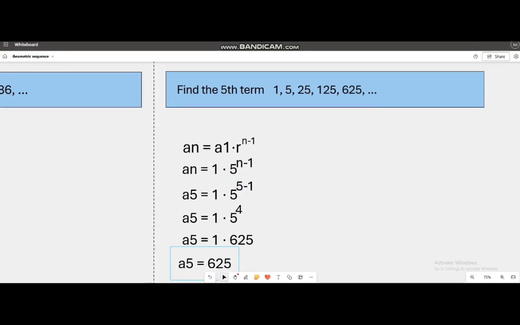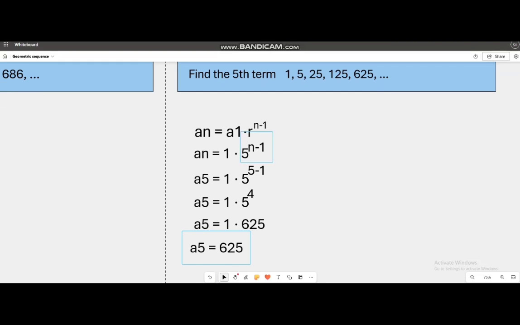Since we're going to find the fifth term, it's going to be like this. a5 equals 1 times 5 to the power of 5 minus 1. Then a5 equals 1 times 5 to the power of 4. Since 5 to the power of 4 is 625, a5 equals 1 times 625.